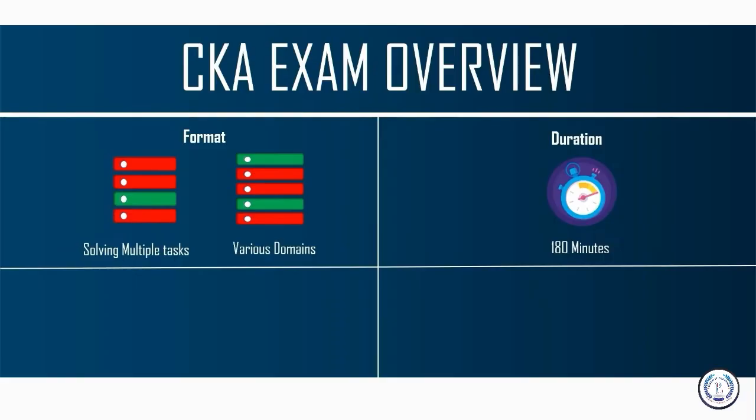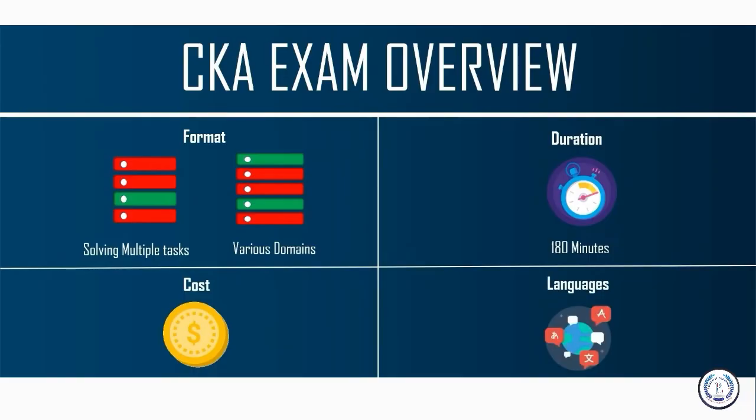The CKA exam environment will be aligned with the most recent K8s minor version within approximately 4 to 8 weeks of the K8s release date. Based on Kubernetes version 1.17, the CKA exam will test your capabilities across different domains. And also the registration fee for the exam is $300. The exam is available in 3 languages, that is English, Japanese, and simplified Chinese.